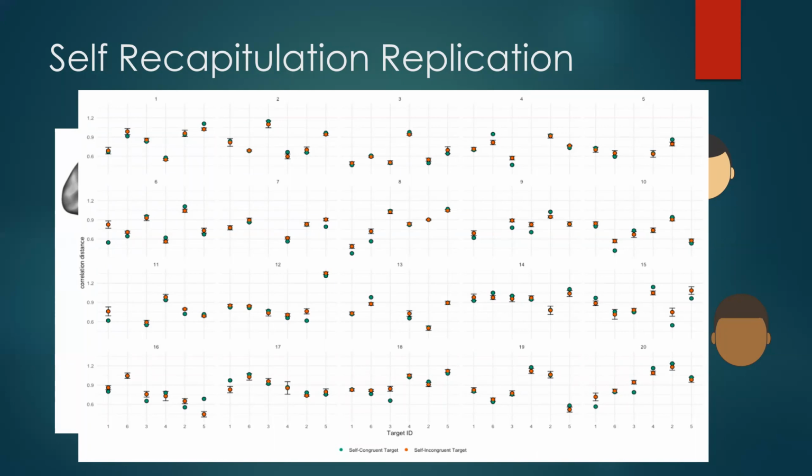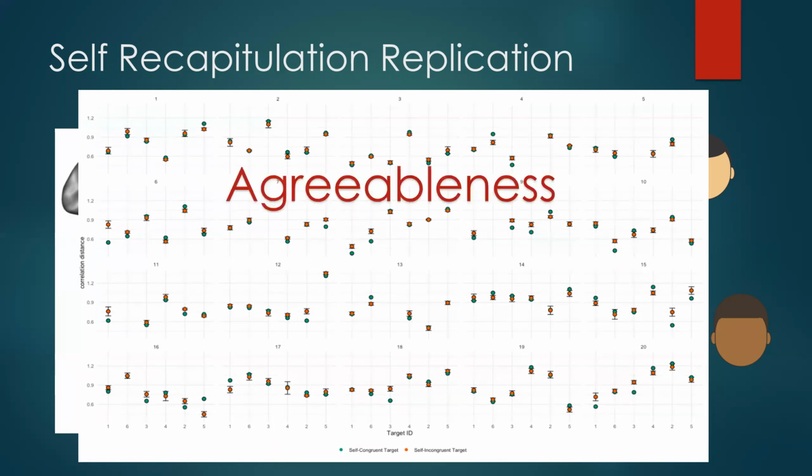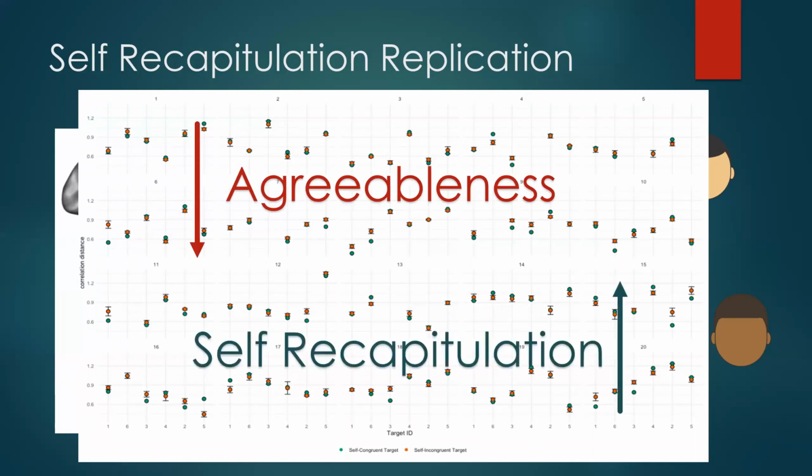But then we were able to show that the variability among individuals throughout the study was modulated by certain personality traits, such that lower levels of agreeableness were associated with higher levels of self-recapitulation, or higher degrees of similarity between my self-representation and my group's representation of me. But this was really just a first step into our analysis of this very large and very rich data set.